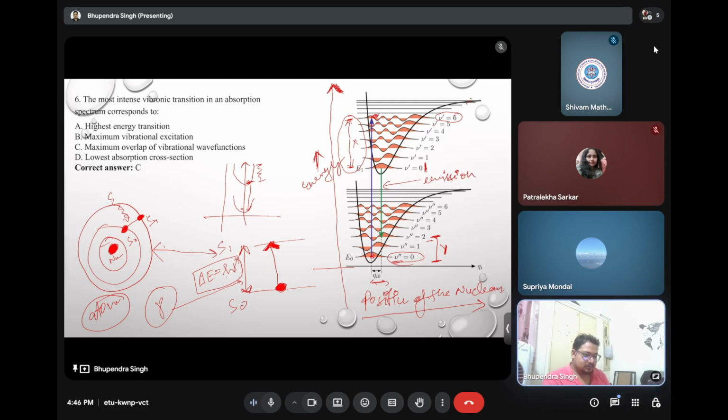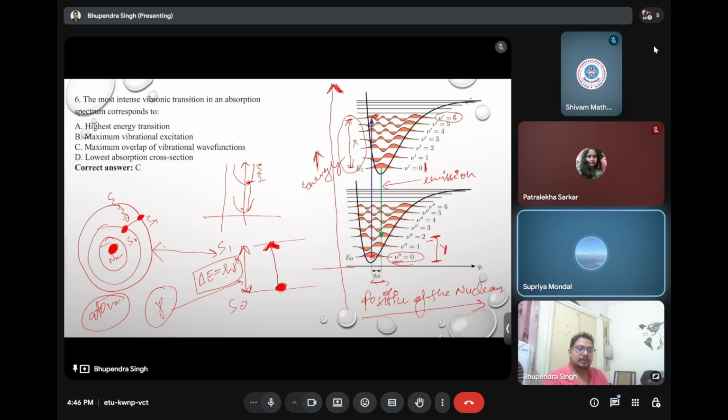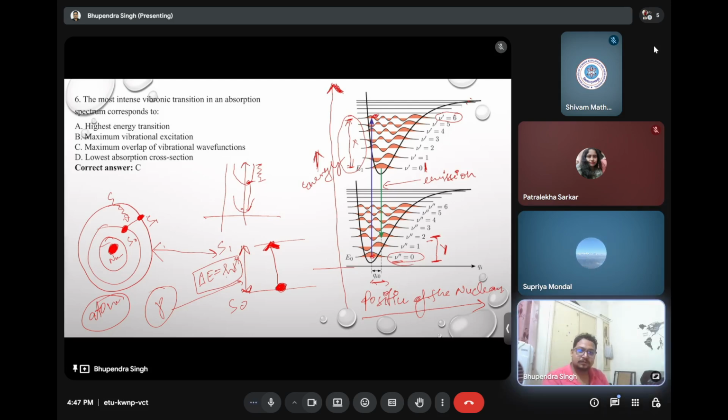I know what you are trying to say. You are trying to say that when we excite the electron, it will go to the state where the maximum overlap of the wave function will be there. Probably. Yes, probably. Perfect.